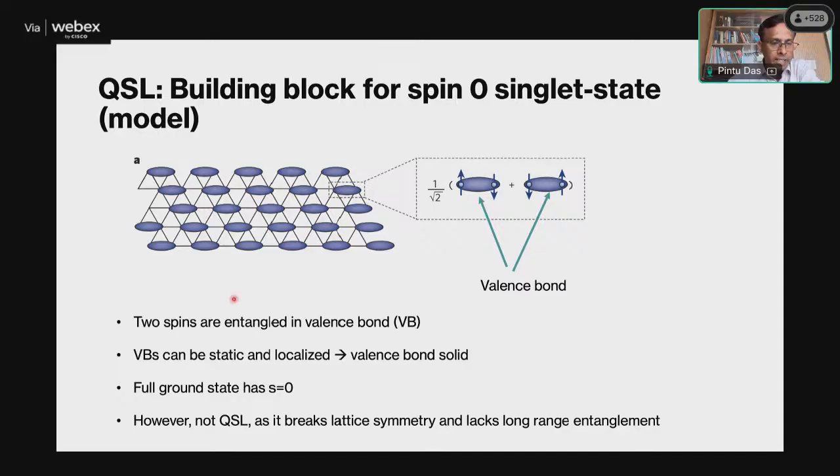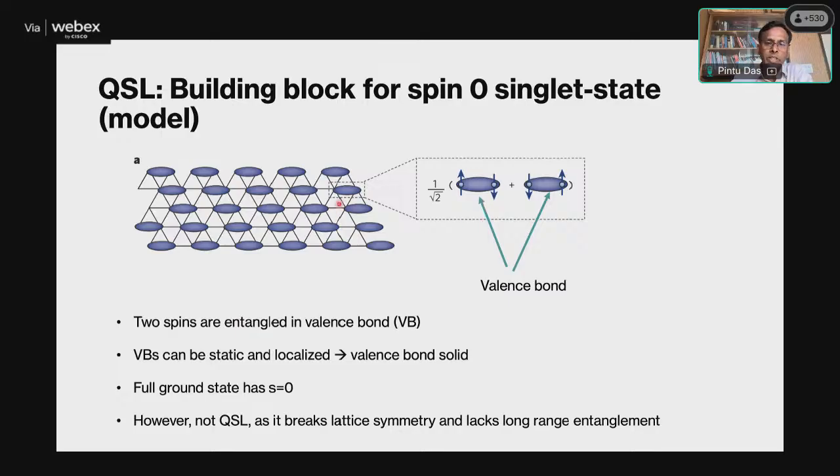So this is a triangular lattice. Again, we are taking a triangular lattice, and each of these islands, each of these elliptical shapes, you see that these are at one side of these triangles. If you zoom in, this is the zoomed in version, you see that these consist of two spins, antiferromagnetically aligned spins, and these are entangled in a certain way.